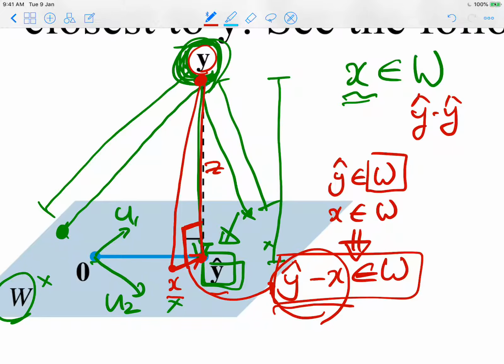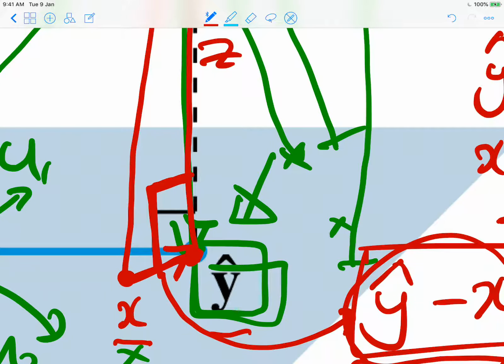Any vector in W will be represented as a linear combination of our orthogonal basis vectors, and by definition, this orthogonal component z is orthogonal to each of our basis vectors, right? And so it is orthogonal to any vector from W, right? And so we can guarantee that this angle over here is 90 degrees, right?